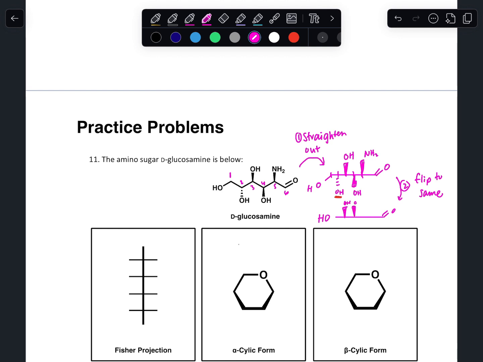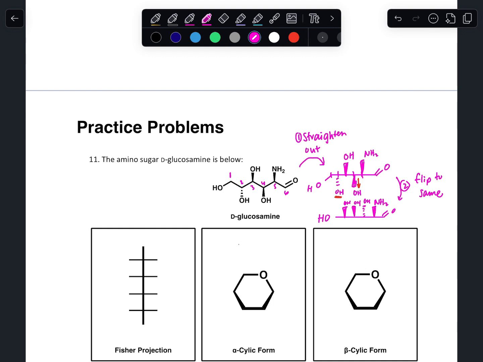The next one we can keep the same. The third chiral center, we have a wedge going down, so we'll have a dash going up, and then we can keep our NH. So now we have everything on the same side.